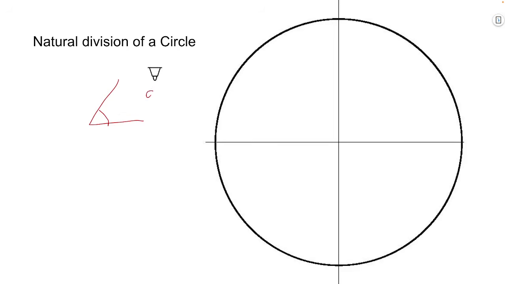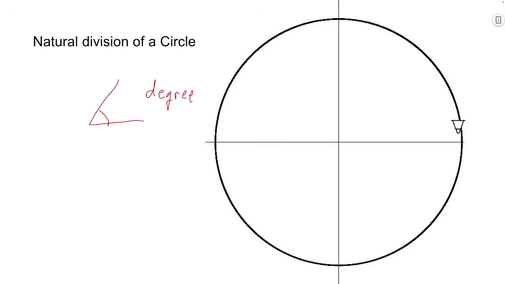So we have degree measure. And we measure how far open this is, and we just take a circle and segment it into 360 equal little rays coming out like that. So that's one way of measuring.